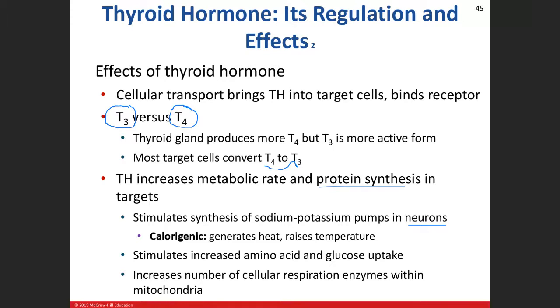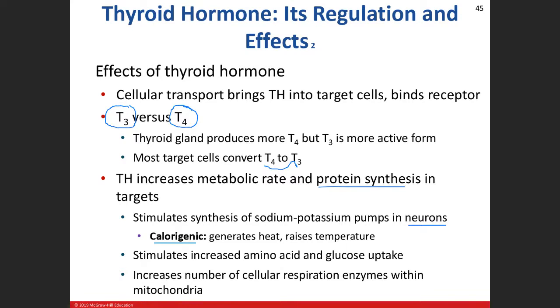So you'll start to heat up. That's where this term comes from, calorogenic. When you're working out, you're breaking down those energy stores, and it generates heat, aside from other things that are going on. But keep that in mind.